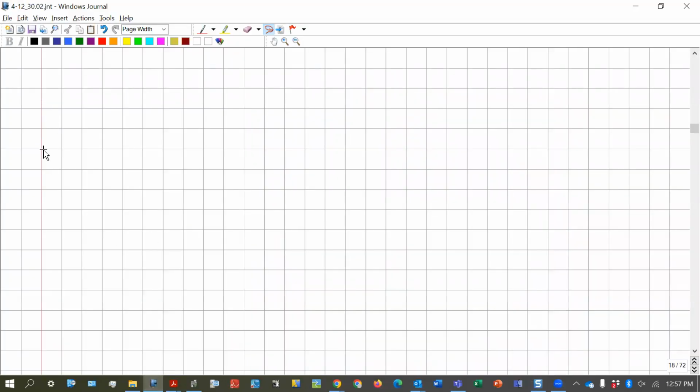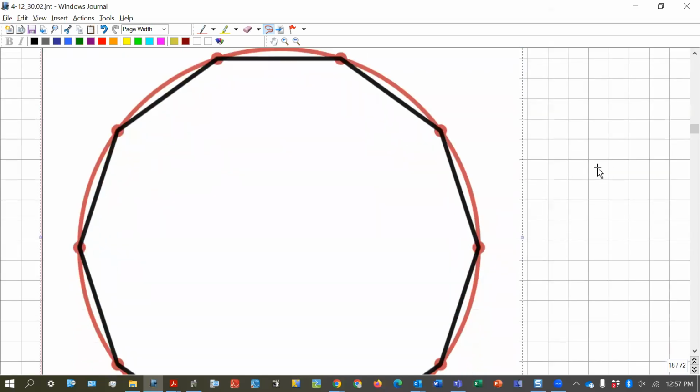Whenever you have a regular polygon, in this case, I think there was 10 sides.